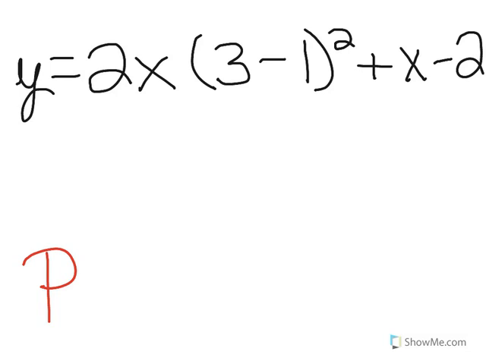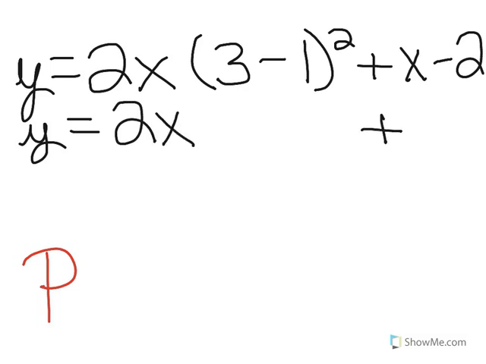We will start with P, finding what is in the parentheses and solving that first. Anything that is not in the parentheses stays the same, so we're going to rewrite everything that is not in the parentheses.